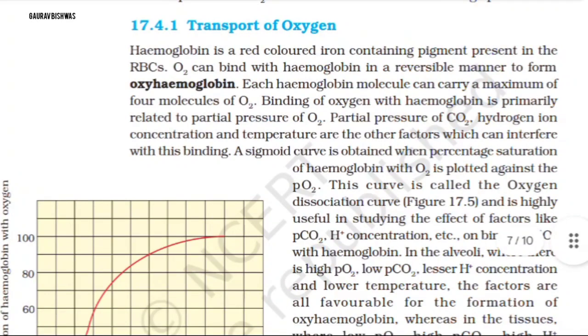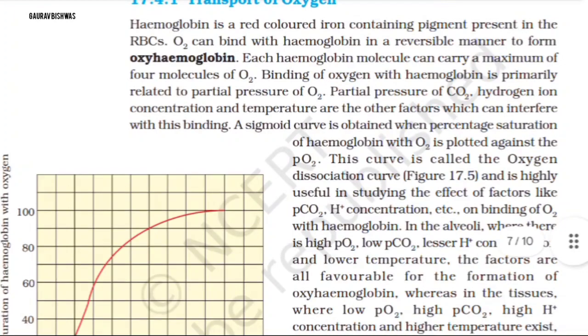Transport of oxygen. Hemoglobin is a red colored, iron containing pigment present in the RBCs. O2 can bind with hemoglobin in a reversible manner in the form of oxyhemoglobin. Each hemoglobin molecule can carry a maximum of 4 molecules of oxygen. Binding of oxygen with hemoglobin is primarily related to the partial pressure of oxygen.